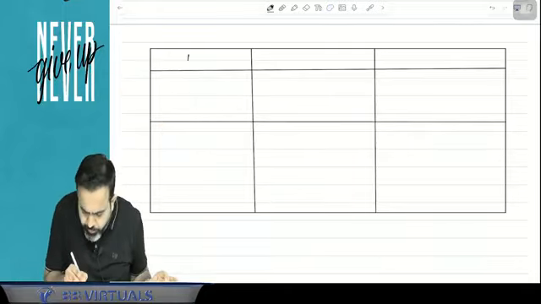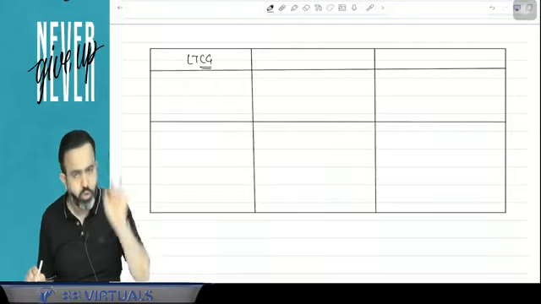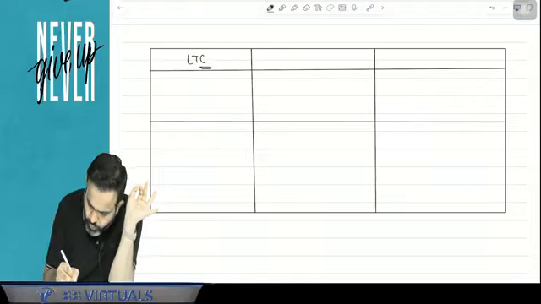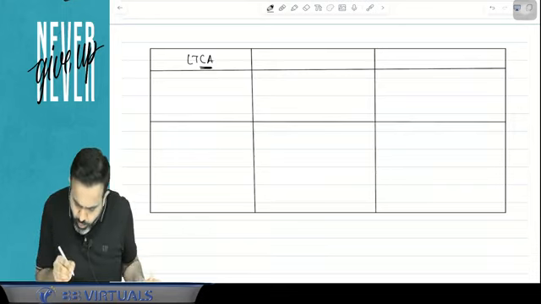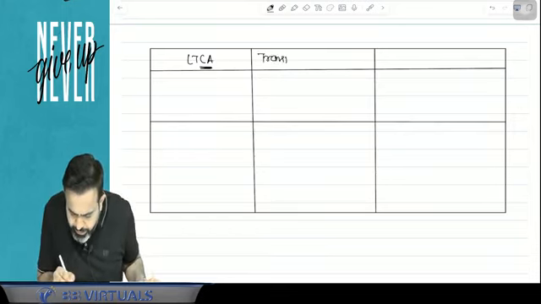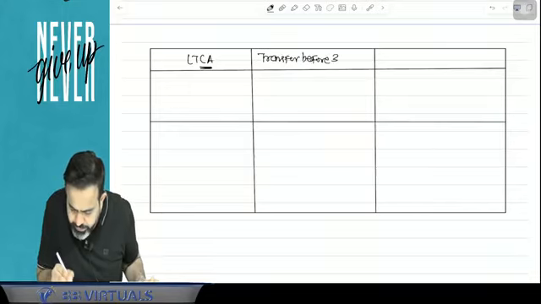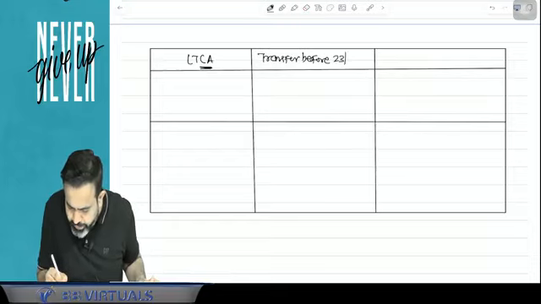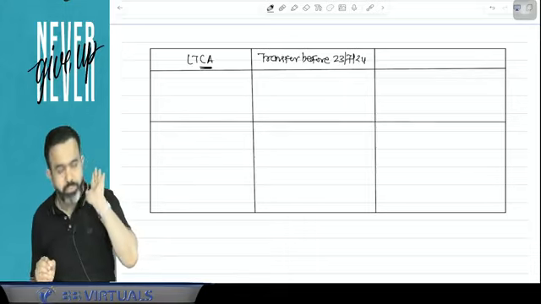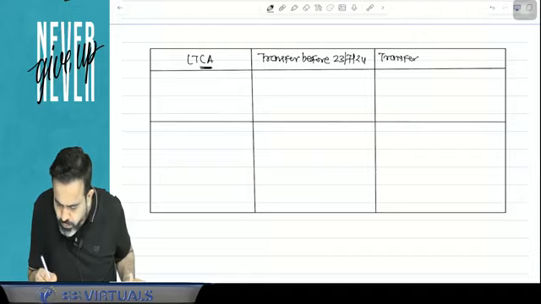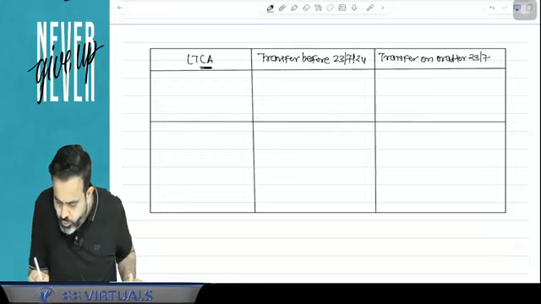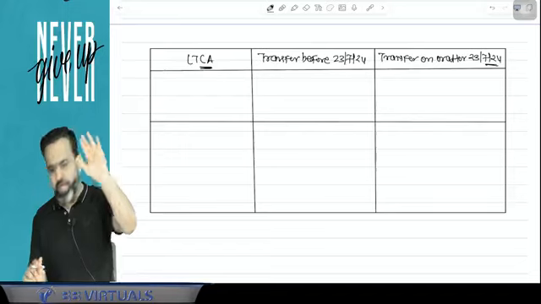Suppose, guys, there is a long-term capital asset, so there will be a long-term capital gain. Now, if the long-term capital asset is transferred before 23rd of July 2024, then what will happen? And if it is transferred on or after 23rd of July 2024, then what will happen?